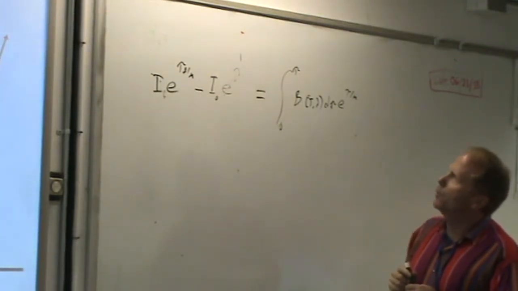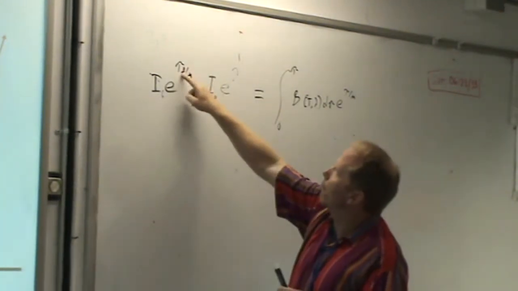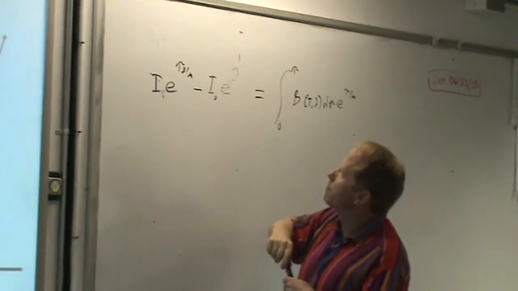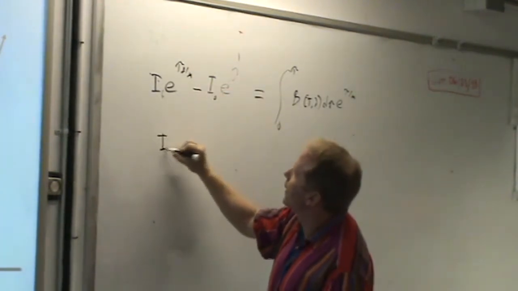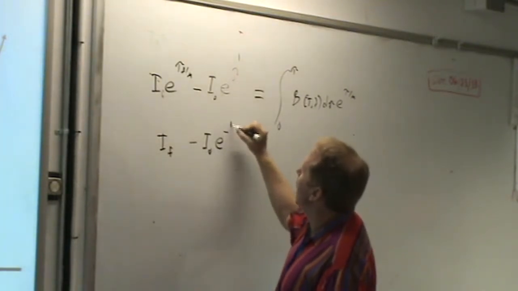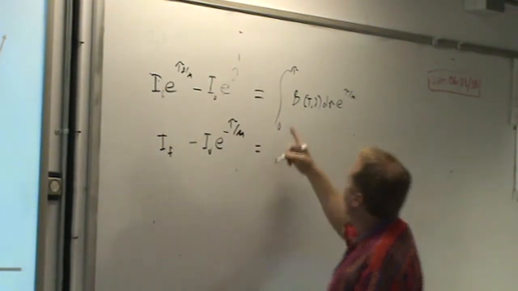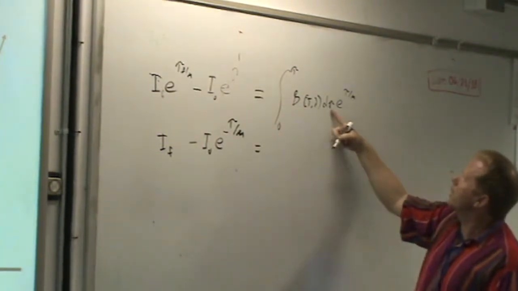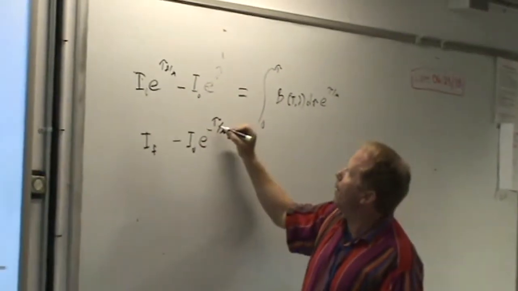Next thing that we do is I say, let's go ahead and divide both sides by e to the tau over mu. So when I do that, I'm going to get I final minus e to the minus tau over mu. Inside the integral sign, I'm integrating over tau. But here I'm dividing by tau final.